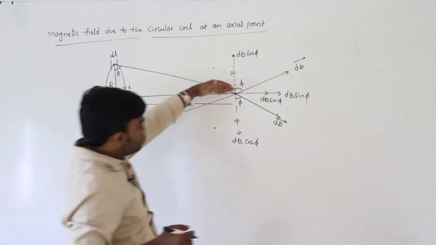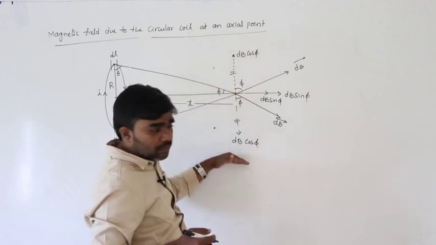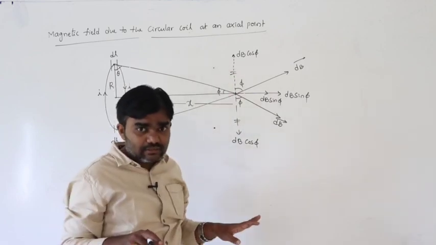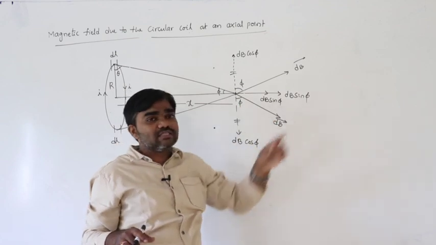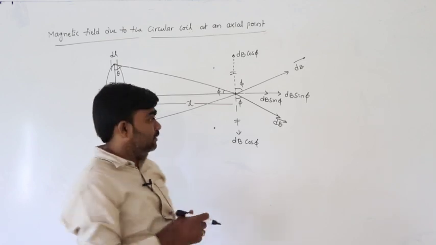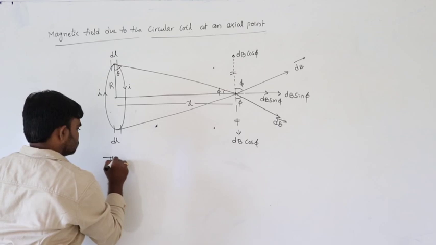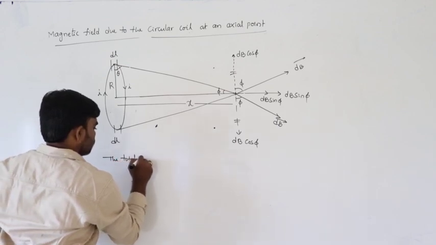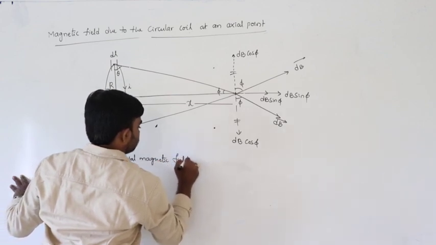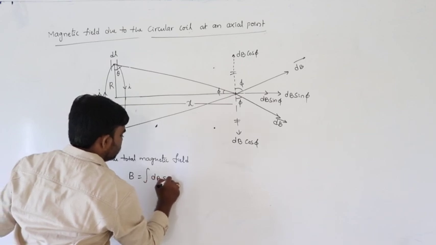See here, this dB cos phi is perpendicular to the axis. So the components perpendicular to the axis are cancelled and the components along the axis are added up. That's why the total magnetic field B can be written as the integral of dB sin phi.